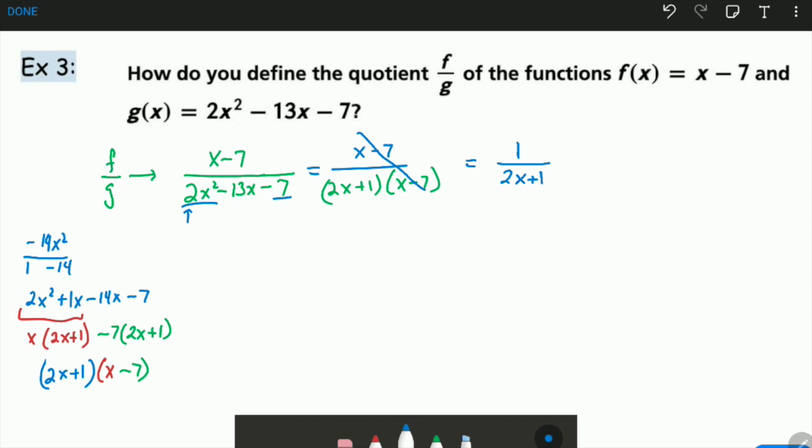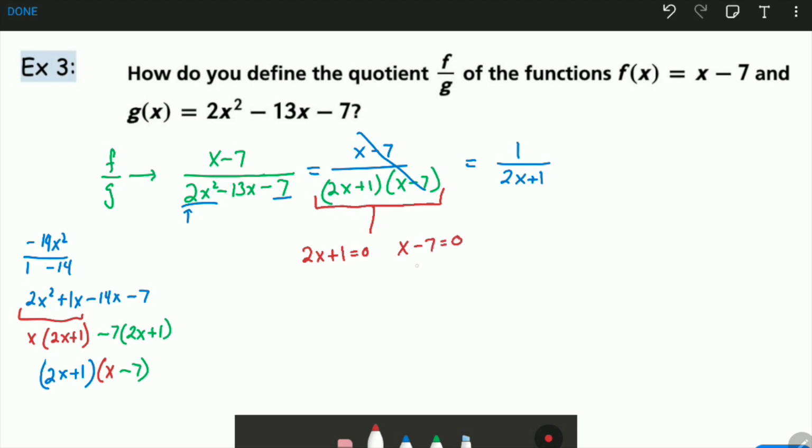However, there's an extra condition for this type of problem, for the division. The division can never have the bottom function equal 0. So we have to add that additional condition on to this problem. Now the bottom function would equal 0 when either of these two original factors equals 0. So we'll just set each of the factors from the denominator equal to 0 and solve those.